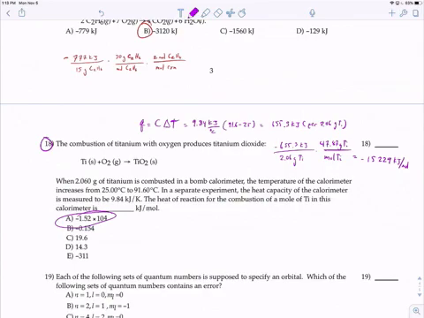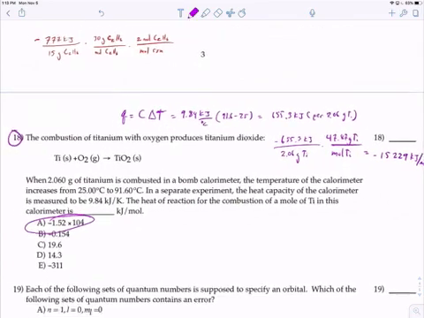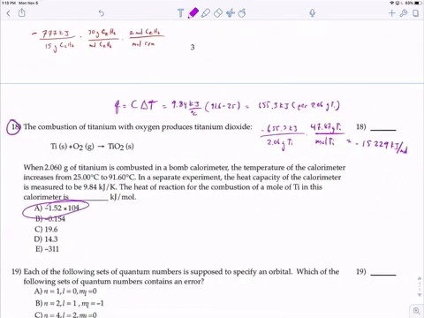So like so. Again, this is much like we just did in lab, except instead of using water, we have just a plain old heat capacity. So heat is heat capacity times change in temperature. We get 655.3 kilojoules of heat evolved from that reaction for 2.06 grams.